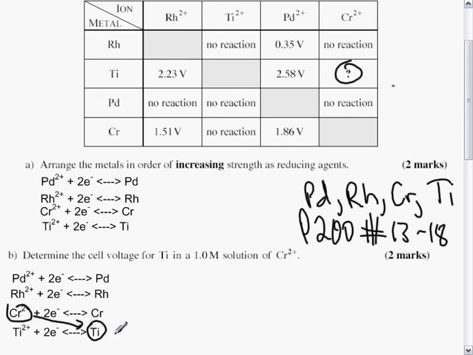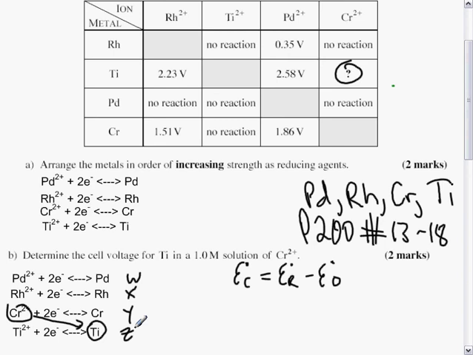Now, our formula for determining the potential for a cell would be the E naught of the cell is equal to the E naught of the reduction minus the E naught of the oxidation. Now we don't have these values for these 4 reactions. They're not on our table. However, we can assign them letters: W, X, Y, and Z, just to represent them.